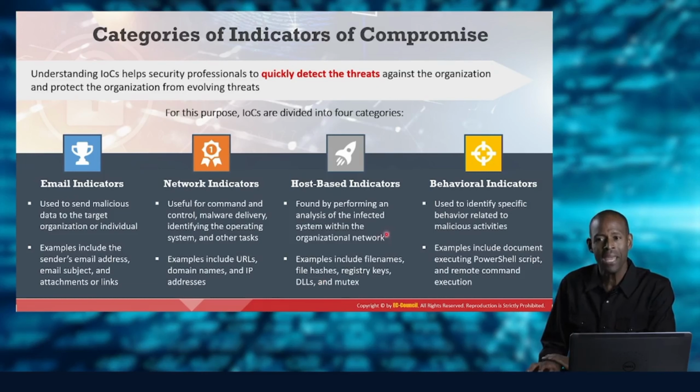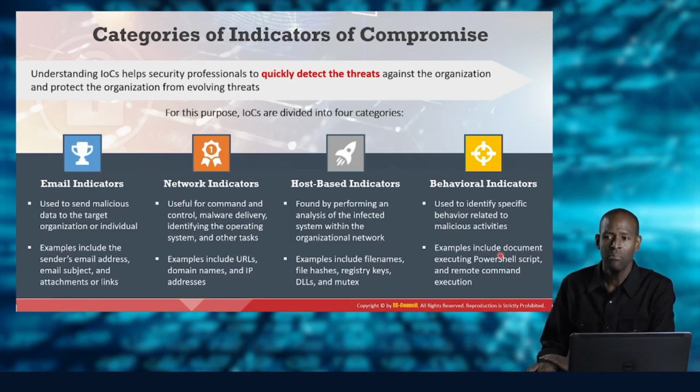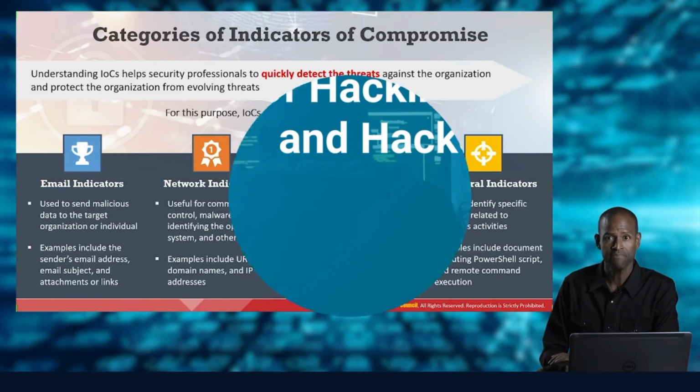I could have behavioral indicators. Like I said before, on that floor where everyone's just answering phones and logging into one single app, but there's PowerShell, remote command execution, etc. What I can do is take those indicators and use them to block the sources of the attack that's happening. So IoCs, different categories, very important to see and understand.